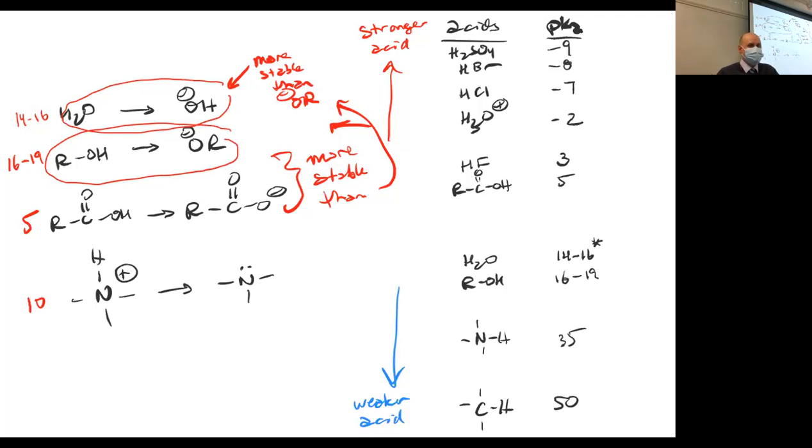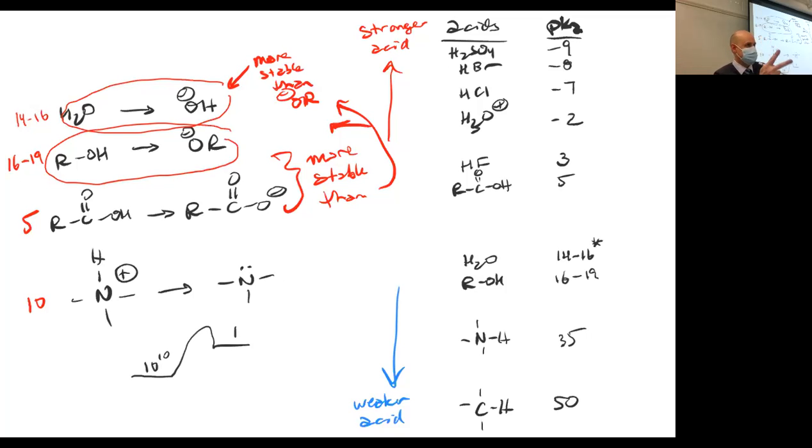A pKa of 10 is telling you that this reaction favors starting materials. In fact, it favors starting materials. In this case, it's about 10 to the 10 to 1. So 10 billion to 1, it would rather be in the reactants than the products. So what is that telling us about the most stable form of nitrogen? Yeah, nitrogen is more stable with a positive charge than it is neutral.